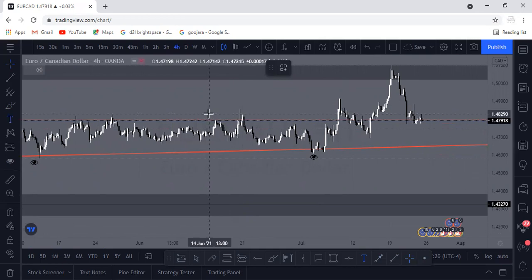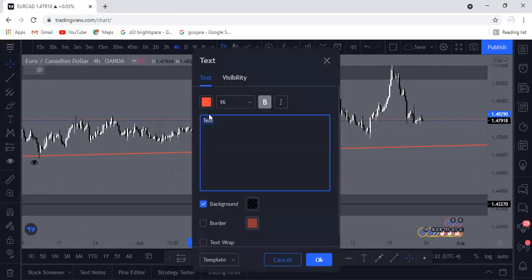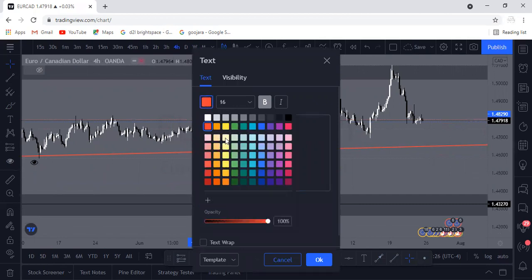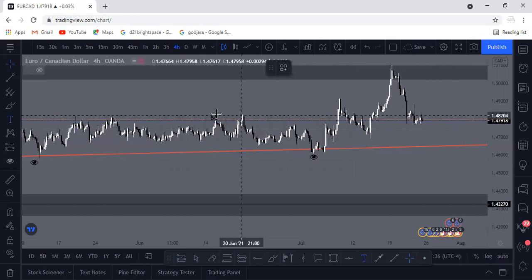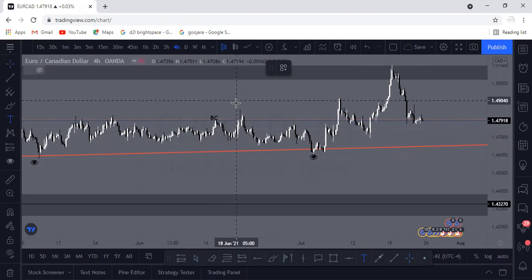Here I see the buying climax. Let me change the color to black. I see the buying climax, and the buying climax has to be here.